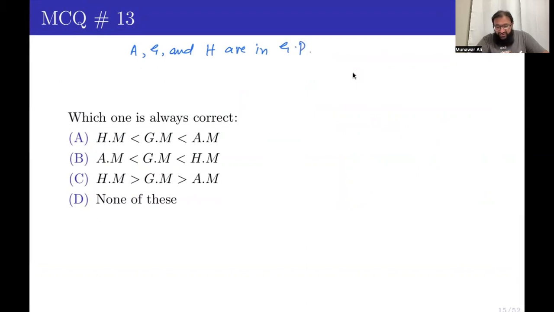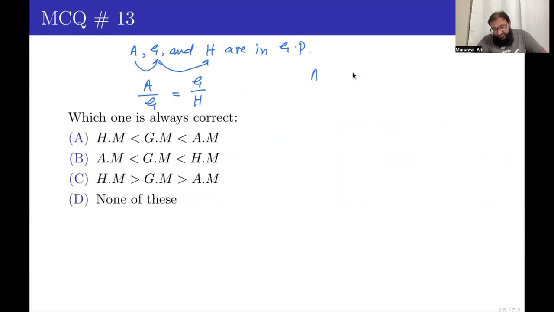It means that when you find the ratio of A and G, it is the same as the ratio of G and H. So G over H. We'll use this relationship to see which one of these inequalities is correct.